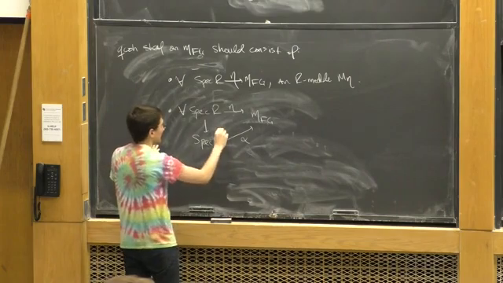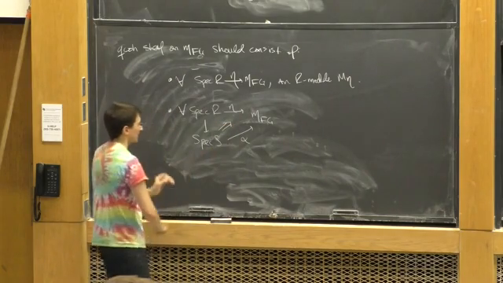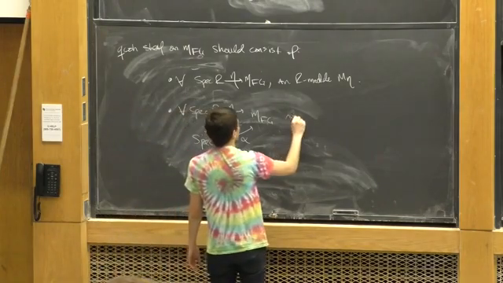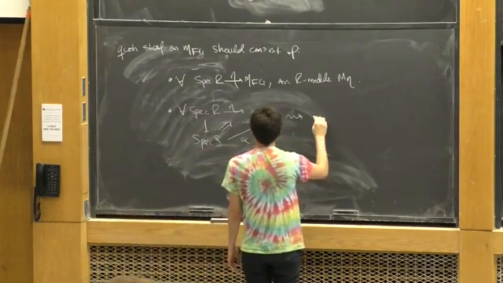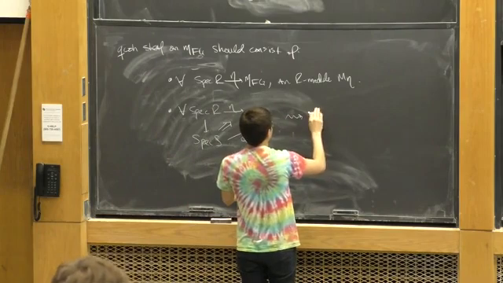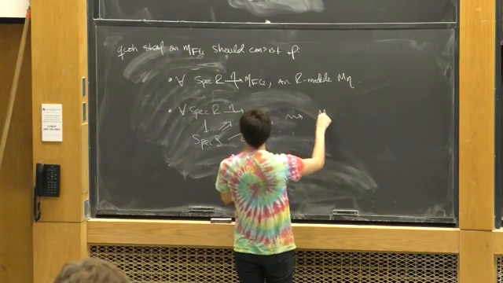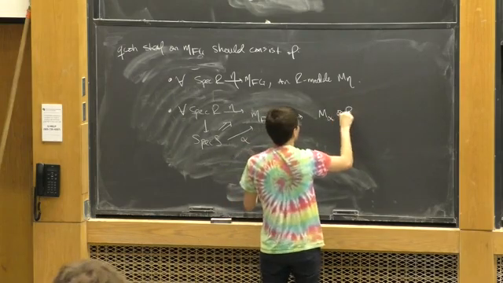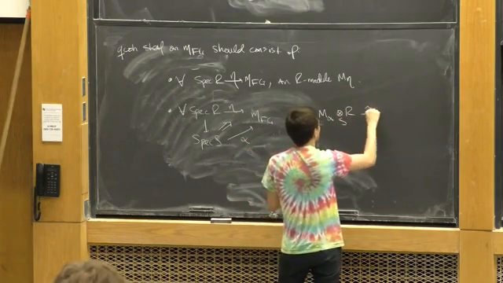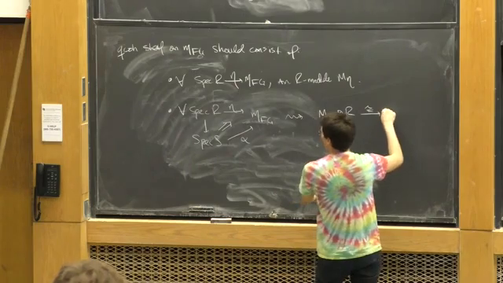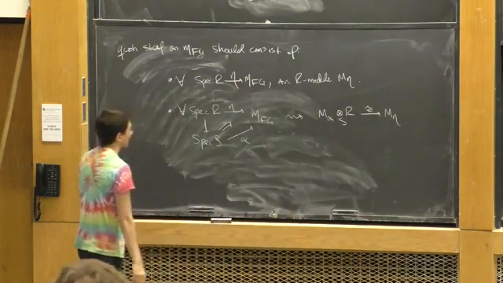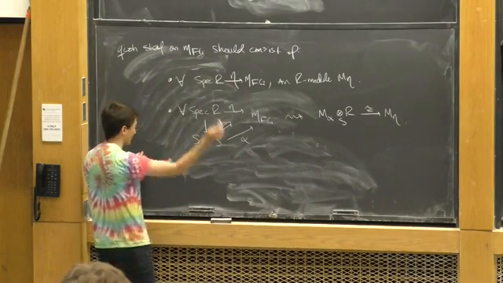So if I have a diagram like this, where I'm supposed to choose a way to make this diagram commute, then I'm supposed to have associated to each of these diagrams an isomorphism between M alpha base changed to R and M eta. And then I expect this data to be appropriately compatible.